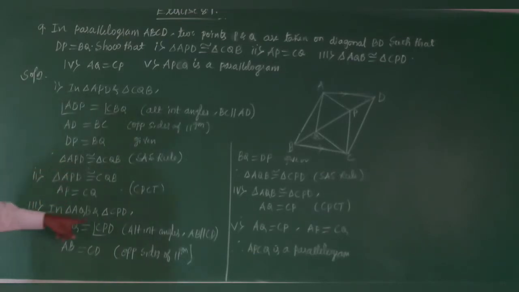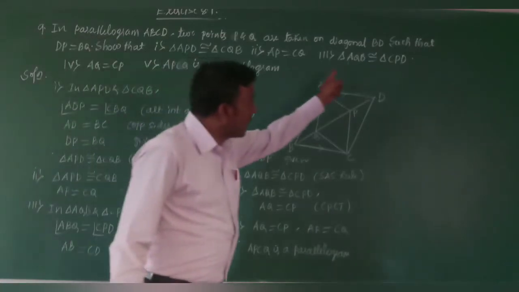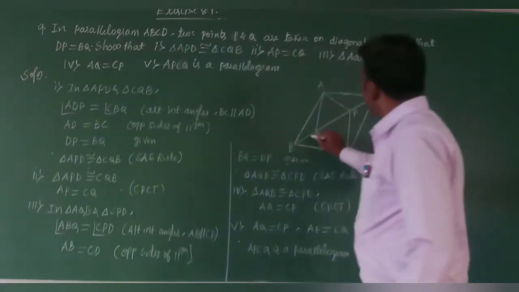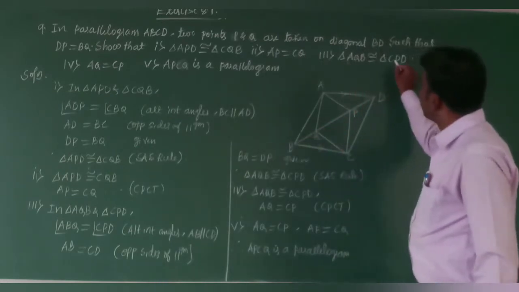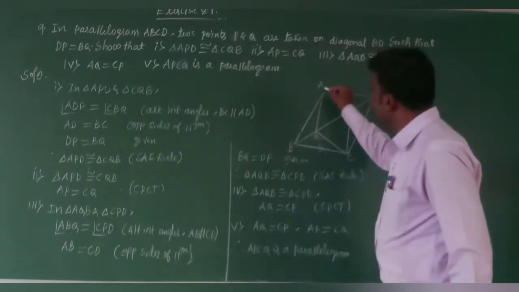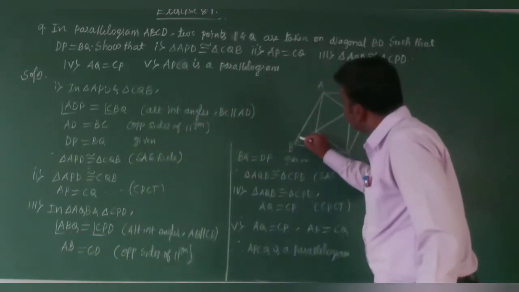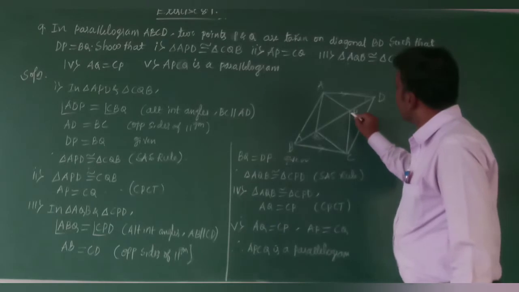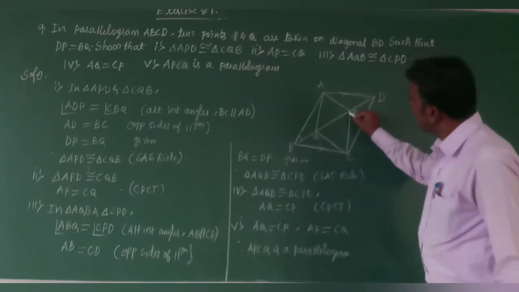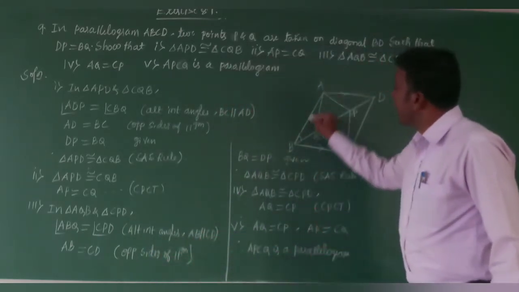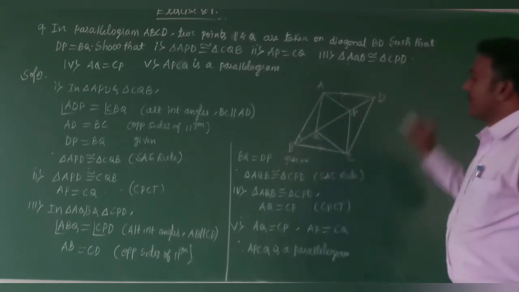Now take the third one. Triangle AQB is congruent to triangle CPD. In triangle AQB and triangle CPD, angle ABQ is equal to angle CDP. These are alternate angles because AB is parallel to CD and BD is the transversal.